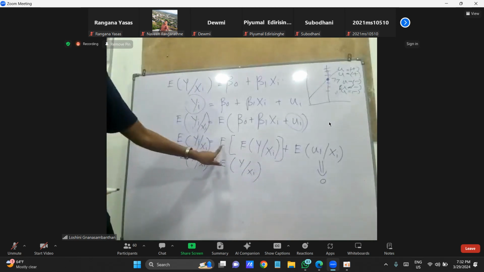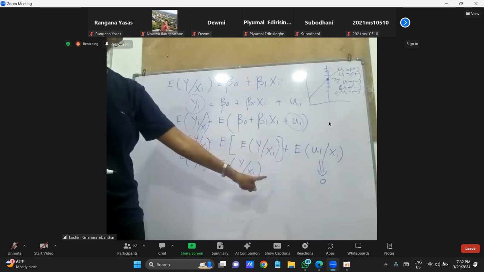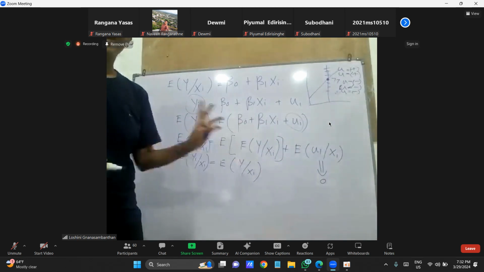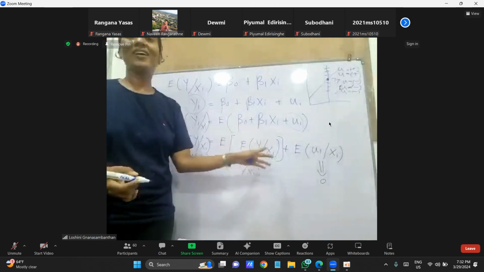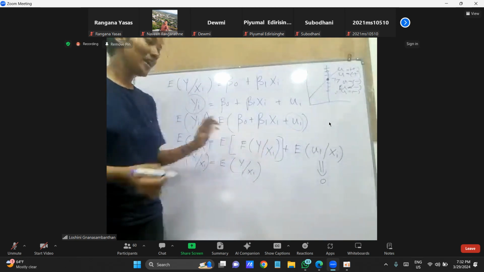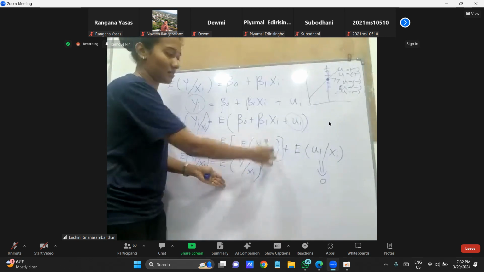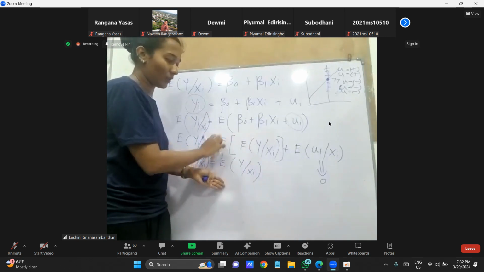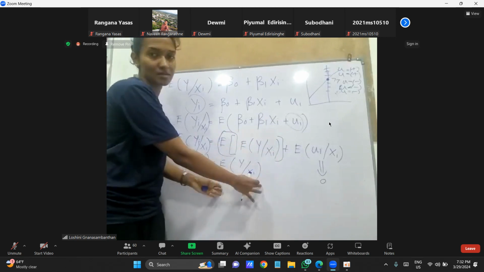Now this is the expectation of the conditional mean of y, the unconditional mean of the conditional mean of y. That's how you read it. Now why have I copied this as it is? This is not there anymore, but I have taken this.